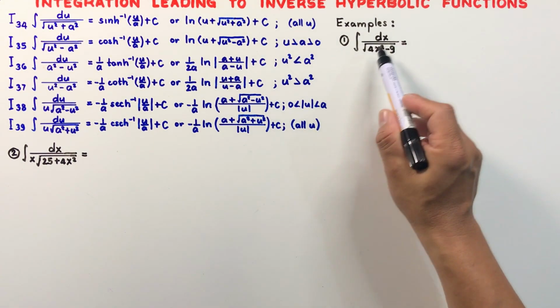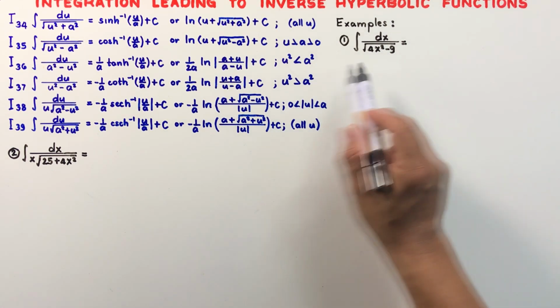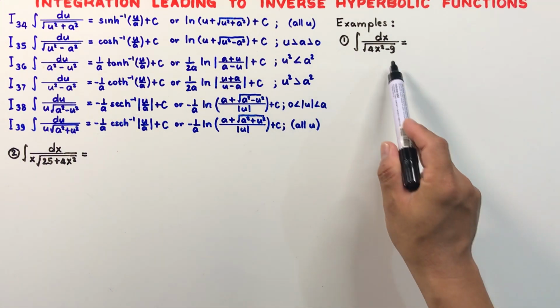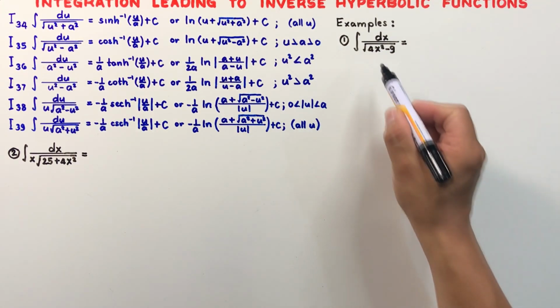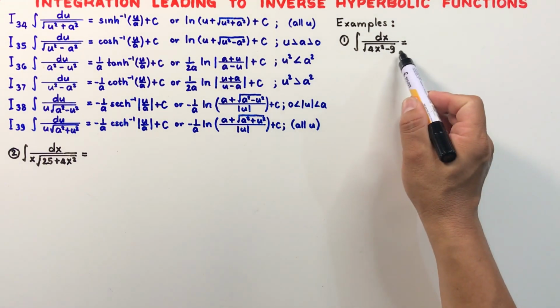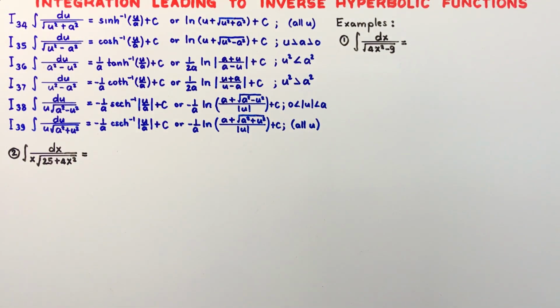What is the integral of dx over the square root of 4x squared minus 9? Now, looking at these 6 formulas, we suspect that it might be formula 35. Why? Because 4x squared is a square term inside the square root symbol. And we have also 9, which is also a perfect square, which resembles a squared.